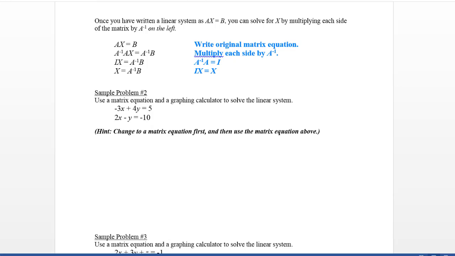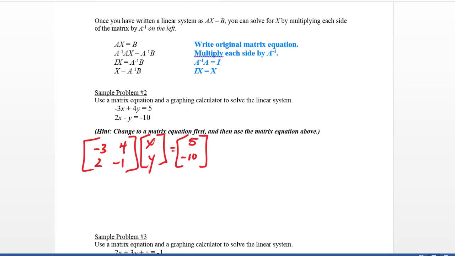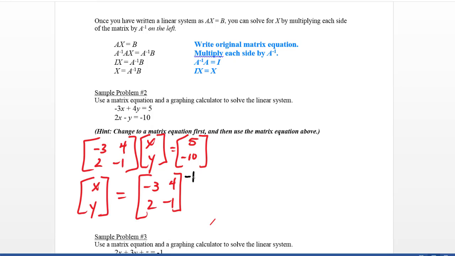We'll start by setting up the matrix equation. Now we'll rewrite this matrix equation as X equals the inverse of A times B. Now keep in mind the X and the Y stacked together represents our variable matrix. And we'll raise that to the -1 power to show the inverse.